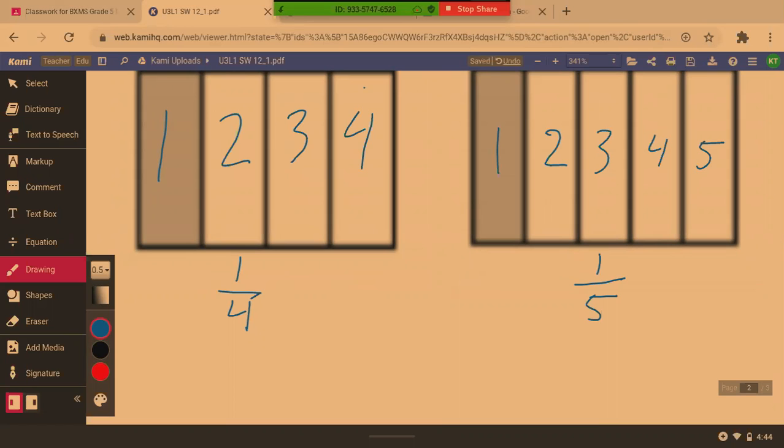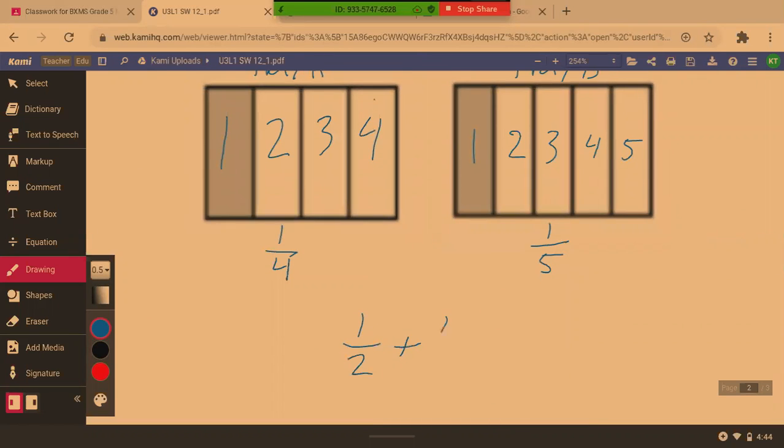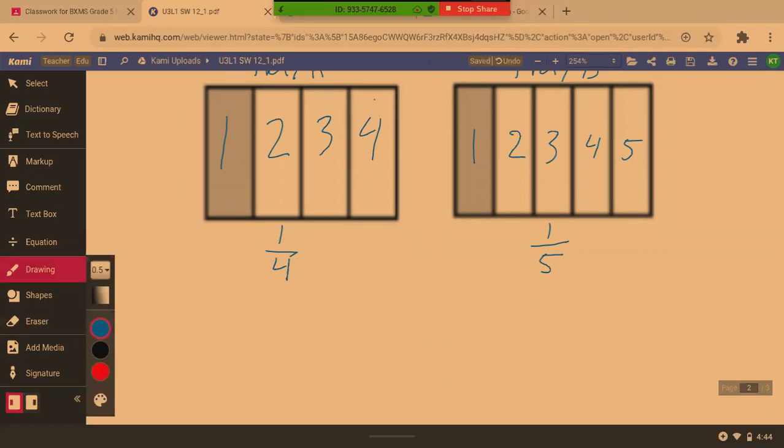Okay, well, it was easy before because before we were doing like 1/2 plus 1/4. So I could turn 2 into 4. But I can't turn 4 into 5.